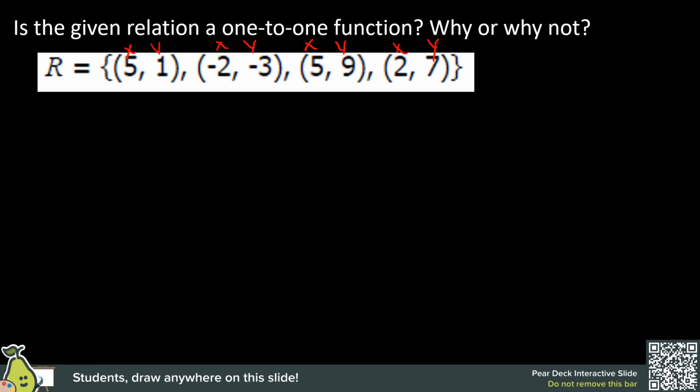If not, then go on to the inverses where we'd have y, x, y, x, y, x, y, x. And then tell me if any of those x values are repeating. If neither one of those x values is repeating, then it's 1 to 1. If something is off, then it is not 1 to 1. Evaluate this and give me your answer. Let's move on.